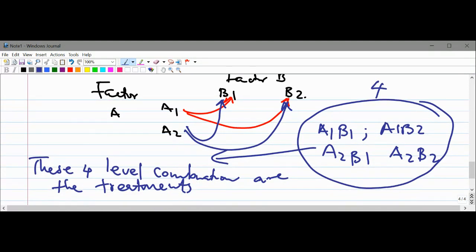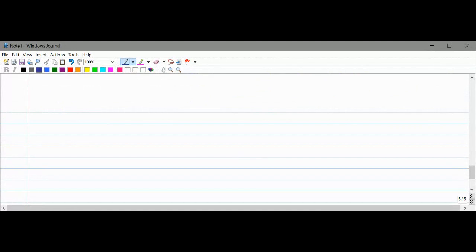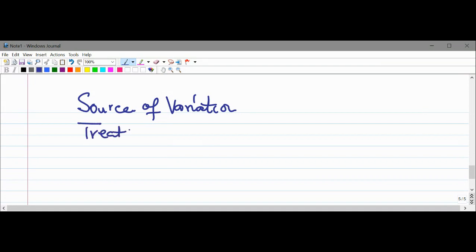So now I want to modify our ANOVA table. Because we have the combinations, that can be called the treatments. So now our ANOVA table will have treatments, which are formed by the combinations, right?